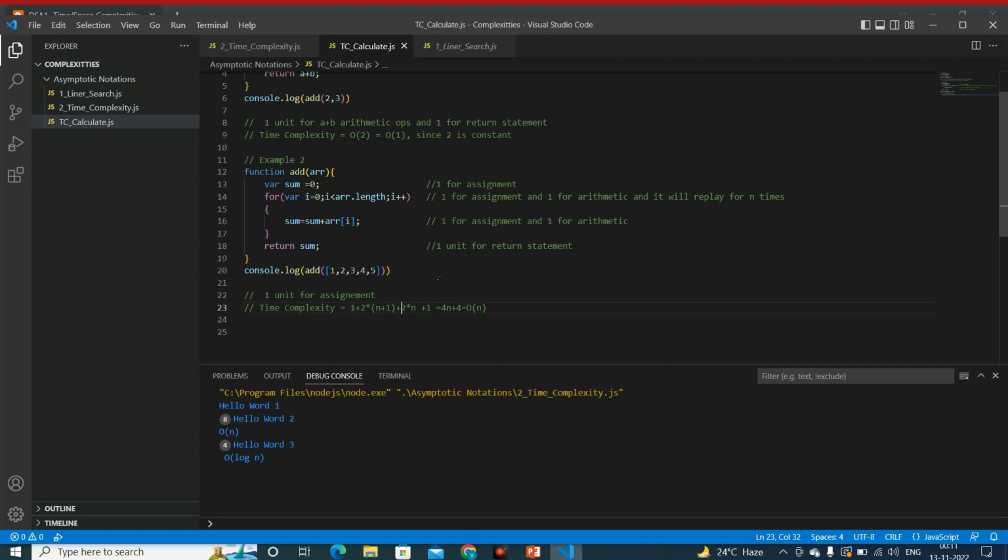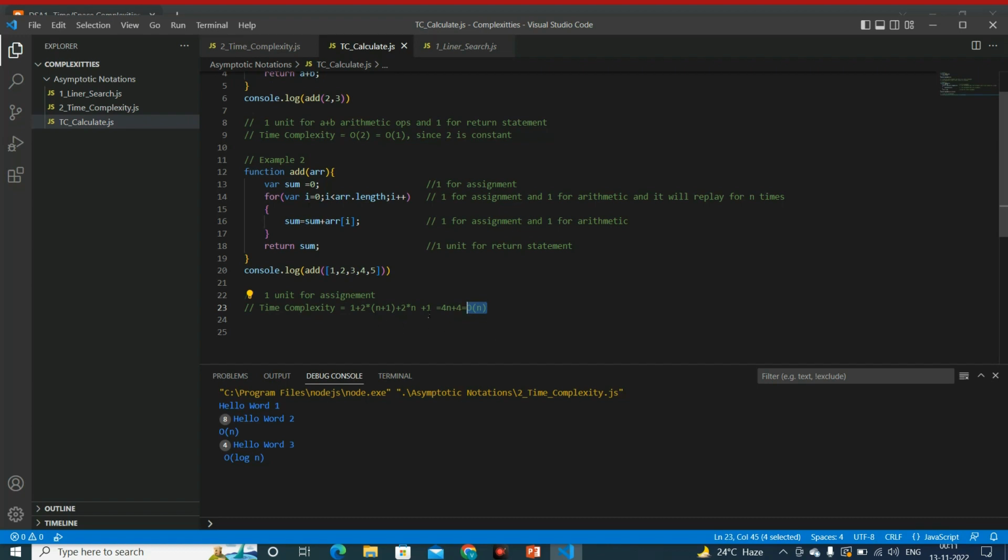And plus 2 means one cost of sum is equal to sum plus array, assignment, and one for arithmetic, and into n because it is iterating n times, and plus 1 for the returning statement. So it becomes 4n plus 4, that is O of n, that is linear.